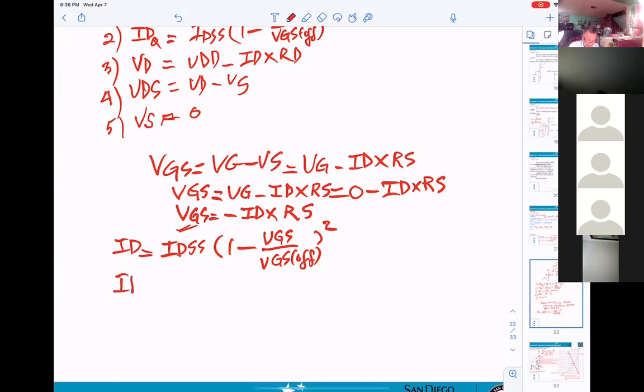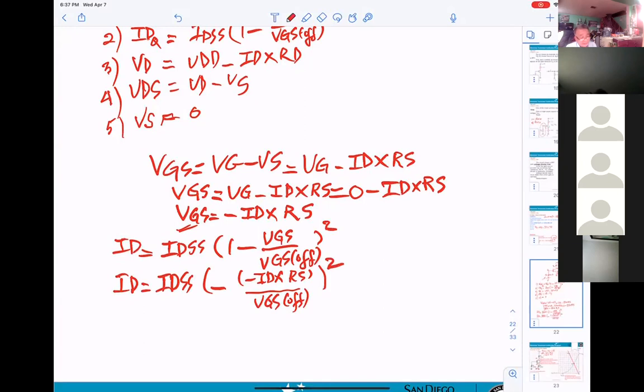Then ID equals IDSS times (1 minus (minus ID times RS) divided by VGS off) squared. So that's very, very hard to do in calculation.